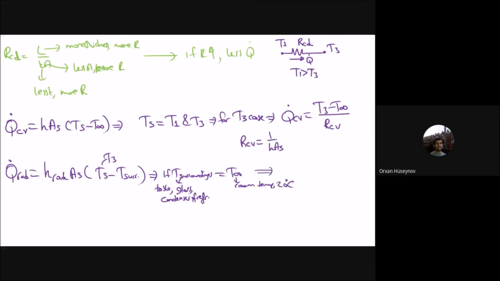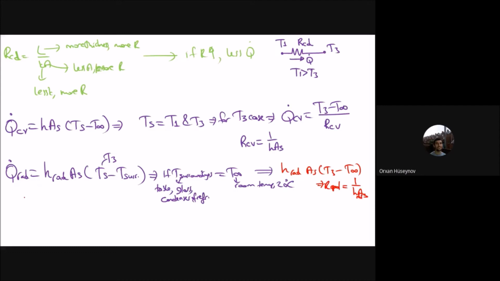But you have to remember that the surroundings is a variable one. Then you will have h radiation A_s, and similar to this one, T3 minus T infinity. And from here, R radiation will be equal to, similar to this one, 1 by h radiation A_s.